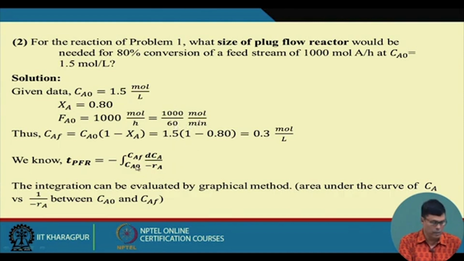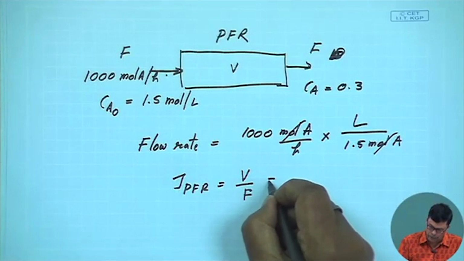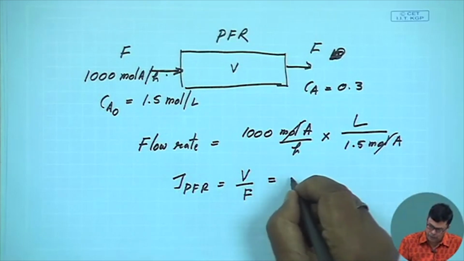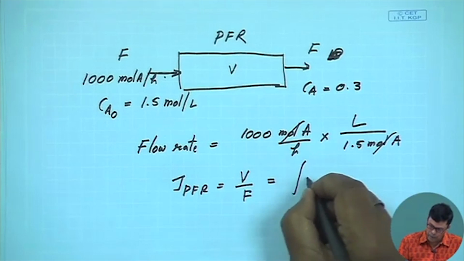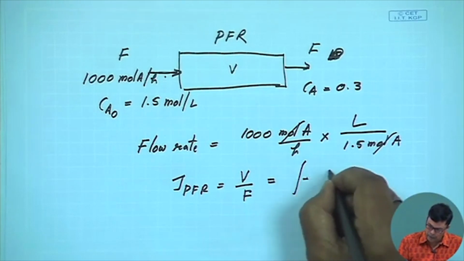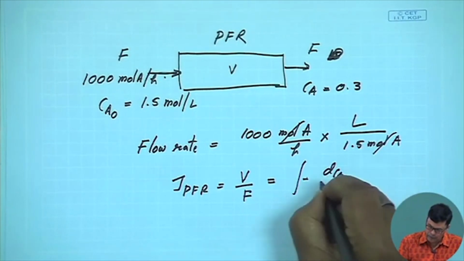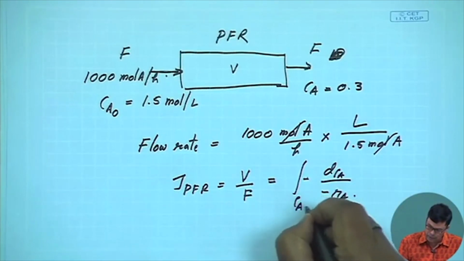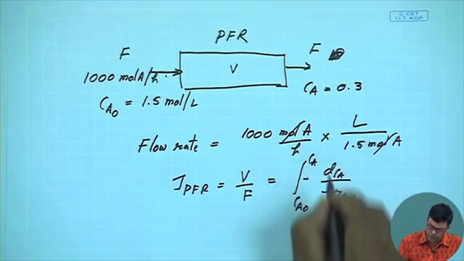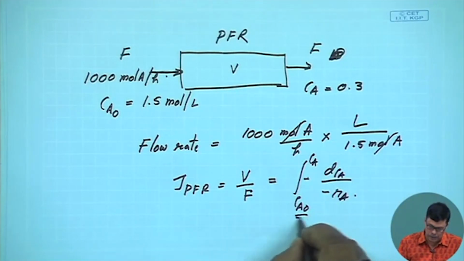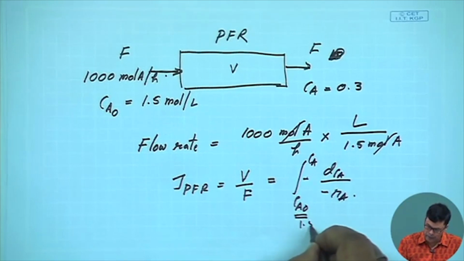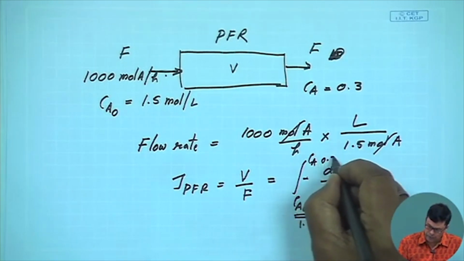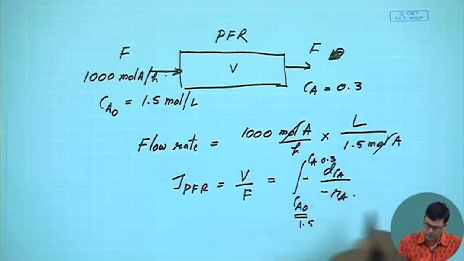In the case of a plug flow reactor, the expression is similar to your batch reactor: integral of dCA by minus RA, from Ca0 to Ca, that is 1.5 to 0.3, and we shall have to do the integration like this.